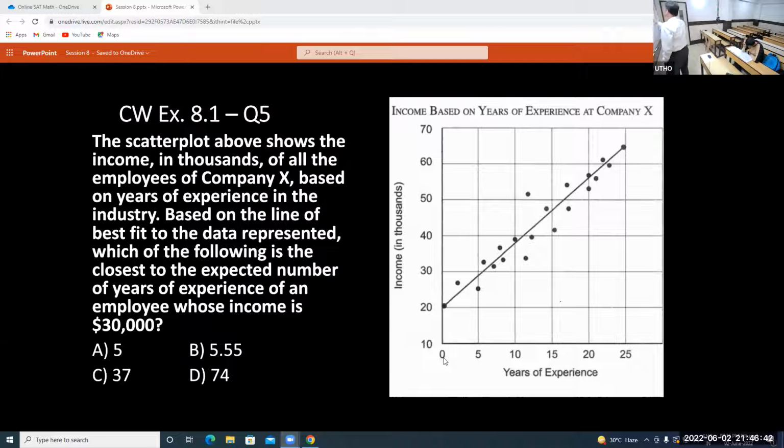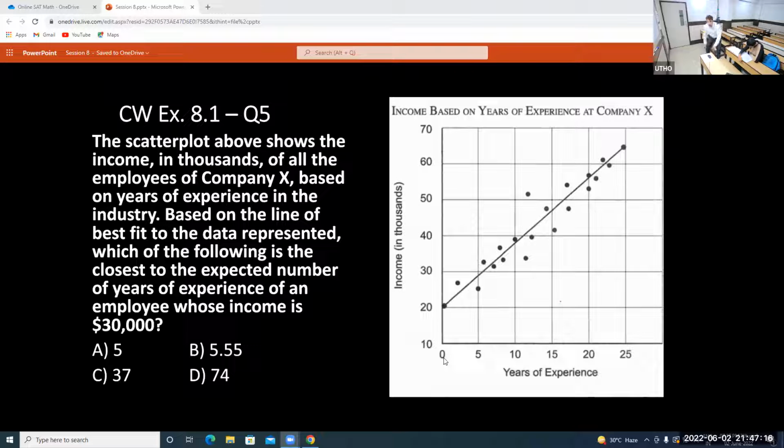Please note what is given on x-axis, उसके units, y-axis, उसके units. Which of the following is closest to expected number of years of experience of an employee whose income is $30,000? Income $30,000. तो उसका expected number of years क्या होगा as per line of best fit?